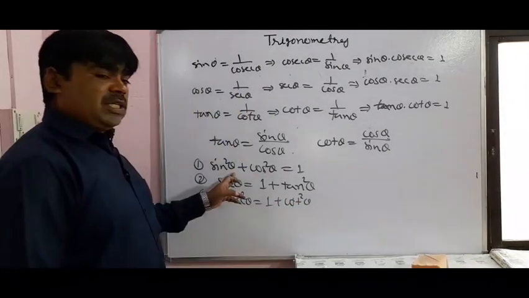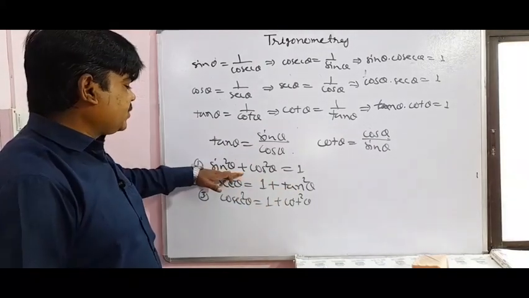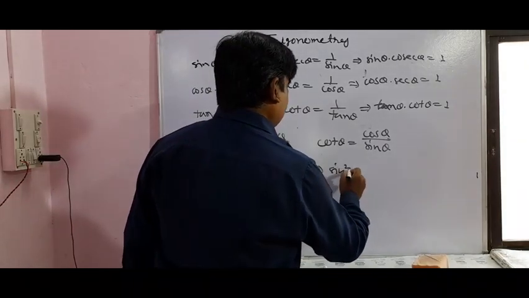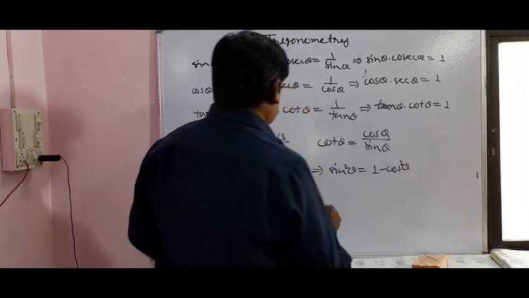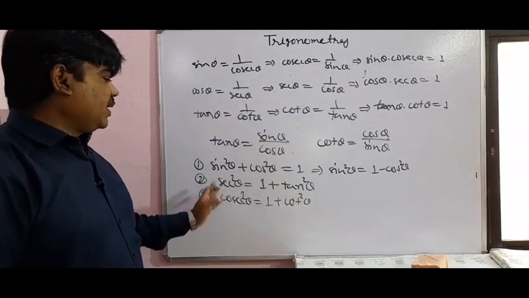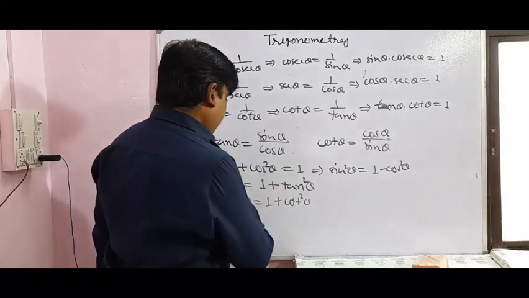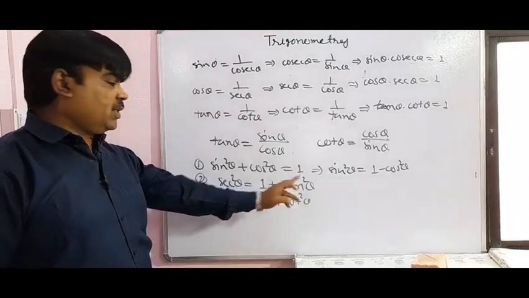So using these formulas, we can find more identities. The value of sine square theta will be 1 minus cos square theta. Similarly, the value of cos square theta will be 1 minus sine square theta. For sec, we have written sec square theta equals 1 plus tan square theta.